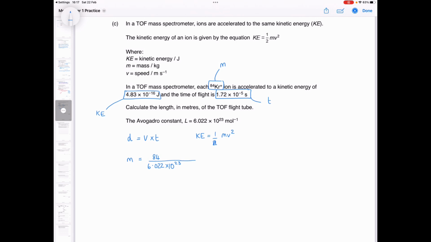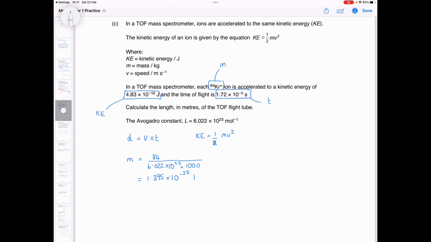We're also going to divide it by 1,000 because the first calculation would give us the mass in grams and we need the mass in kilograms. So 84 divided by 6.02 times 10 to the 23 and divided by 1,000 gives us 1.395 times 10 to the minus 25.